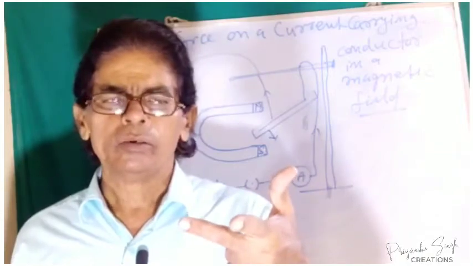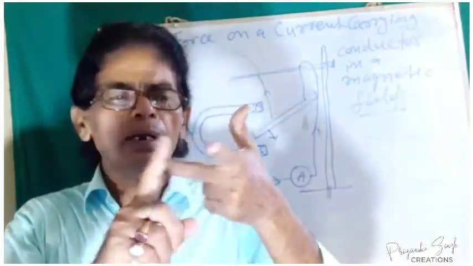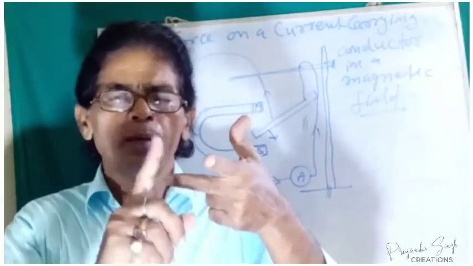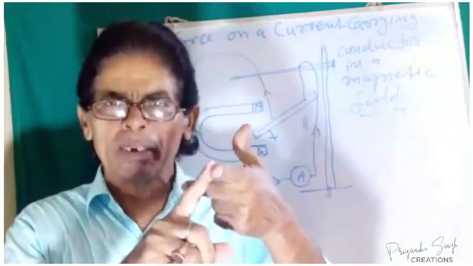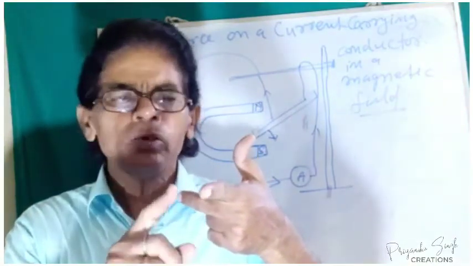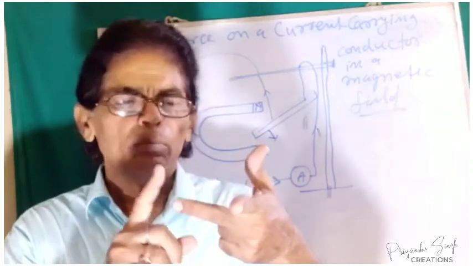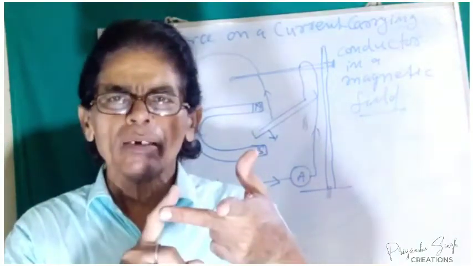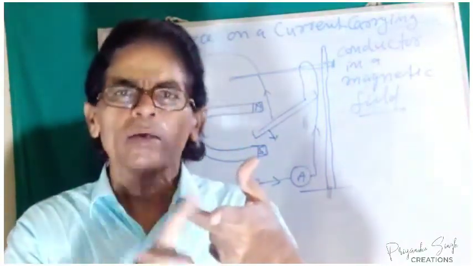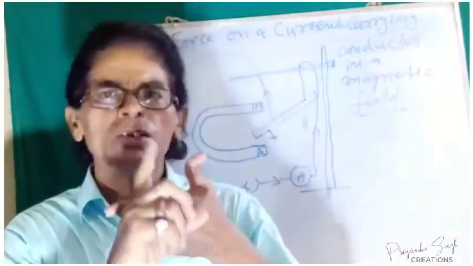thumb, forefinger and the middle finger. Forefinger is also known as index finger. So in some of the texts you may have the term forefinger. The forefinger is also known as the first finger, the middle finger is known as the second finger, and this is the thumb.